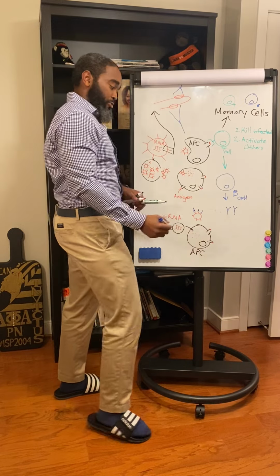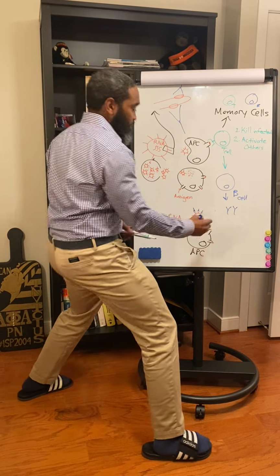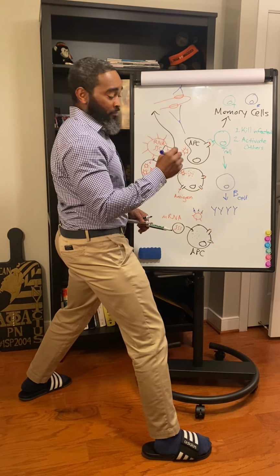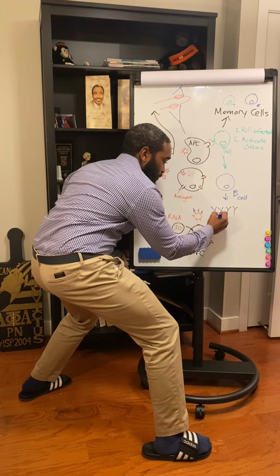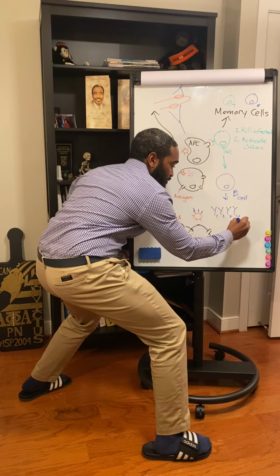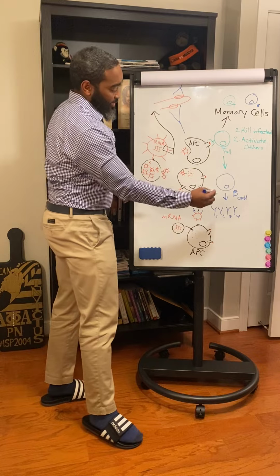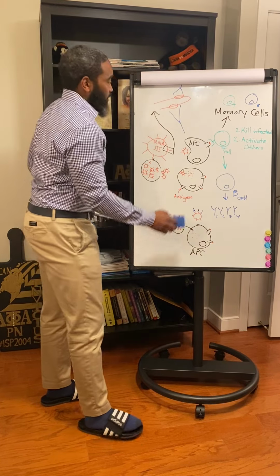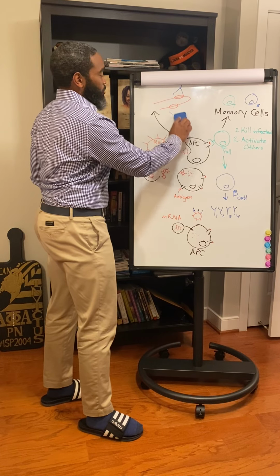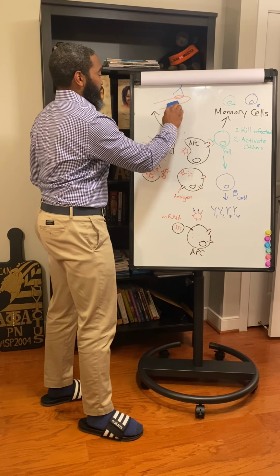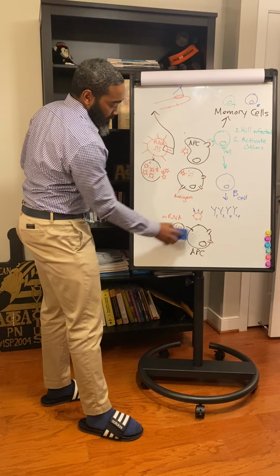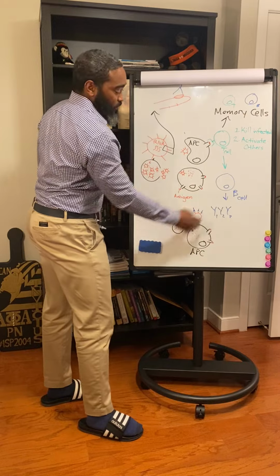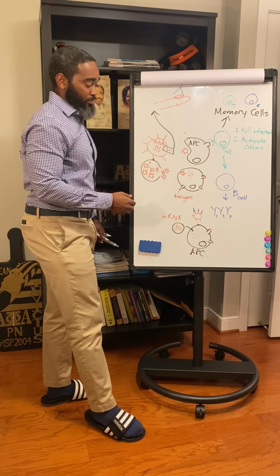So when your body mounts an immune response, you're not just making a whole bunch of one type of antibody. You're actually making a whole bunch of multiple types of antibodies. So you'll have antibody 1, 2, 3, 4, 5, 6, 7, 8, and there'll be lots of them. So even if over time the virus were to mutate and then this changes, even if antibody 4 doesn't work as well anymore, you still have other antibodies that can still respond.